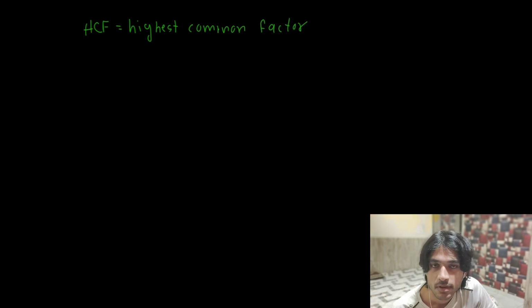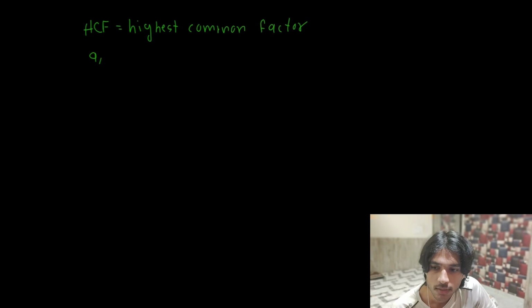HCF. What is HCF? Full form is highest common factor. And what it simply means is that first of all, HCF and LCM are being discussed between two natural numbers. So whenever we are discussing HCF and LCM, we have to make sure that we have two numbers.